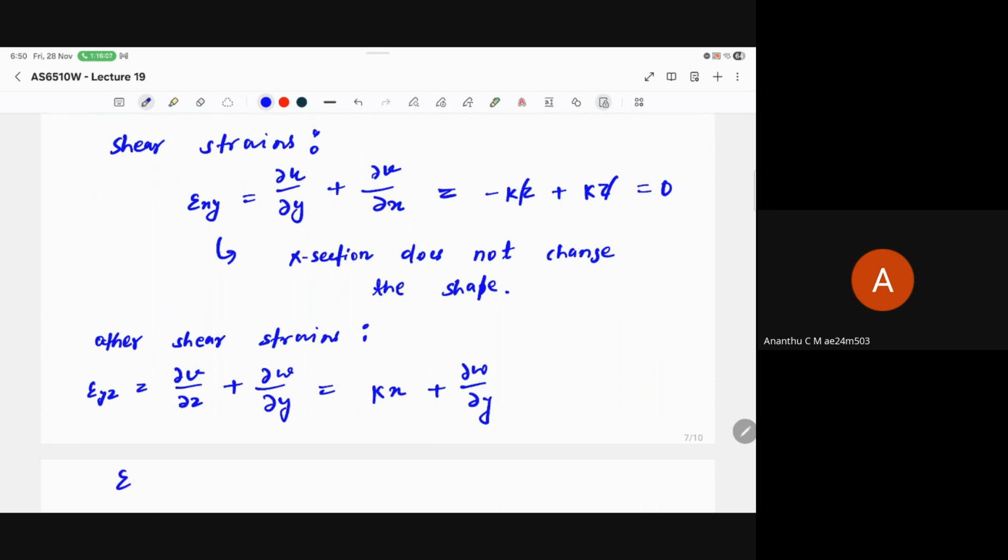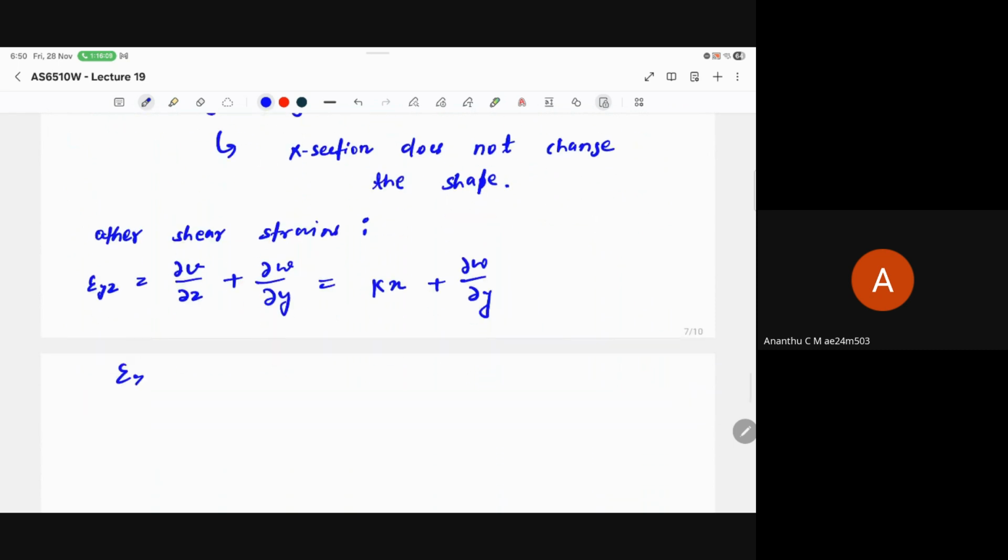And then epsilon zx is going to be dou u upon dou z plus dou w upon dou x, and this is minus ky plus dou w upon dou x.